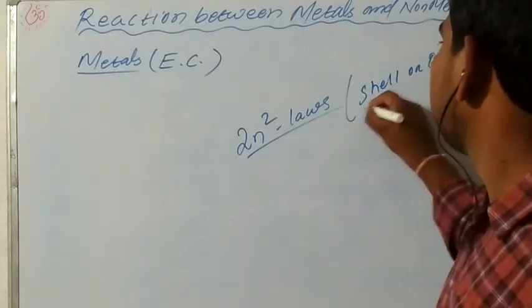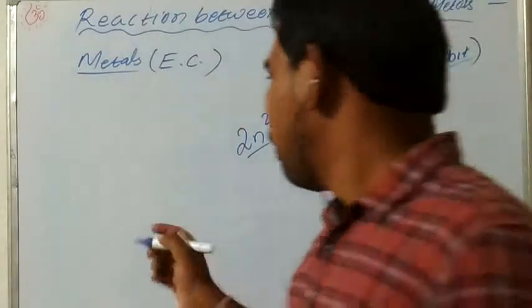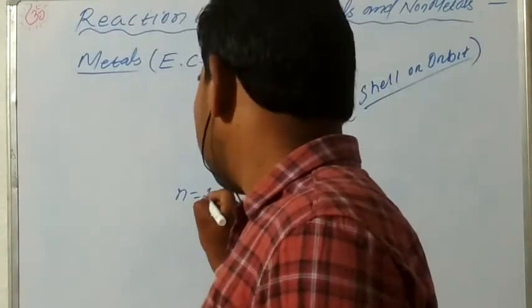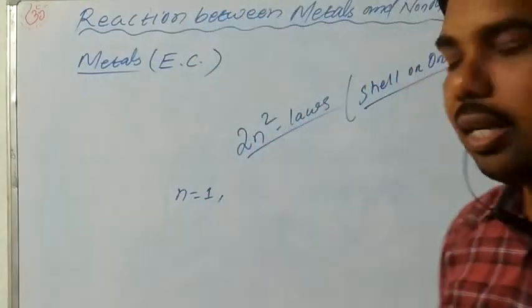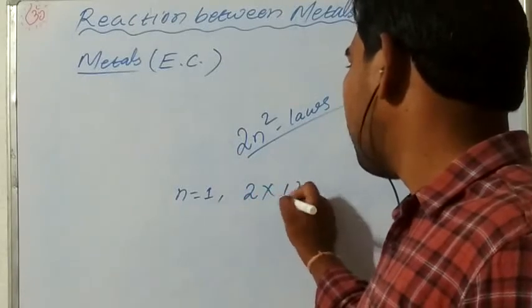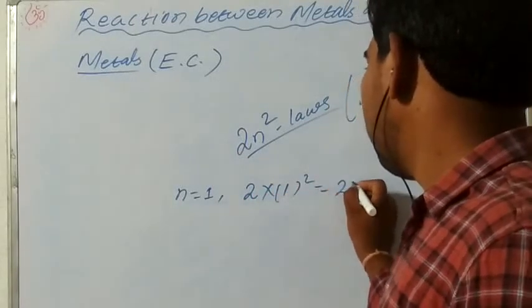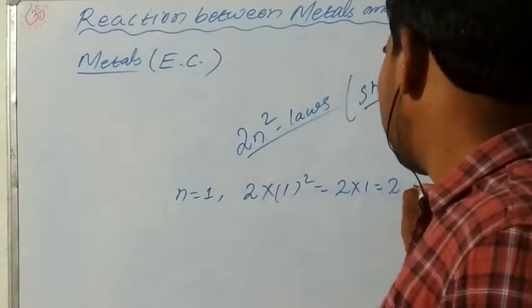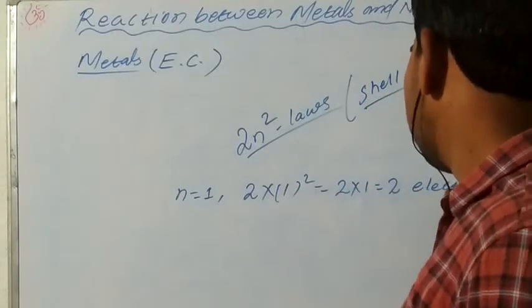When n is equal to 1, it means the first shell or first orbit. Here we put 1, then we get 2 into 1 square, which is 2 into 1, equal to 2, meaning 2 electrons.